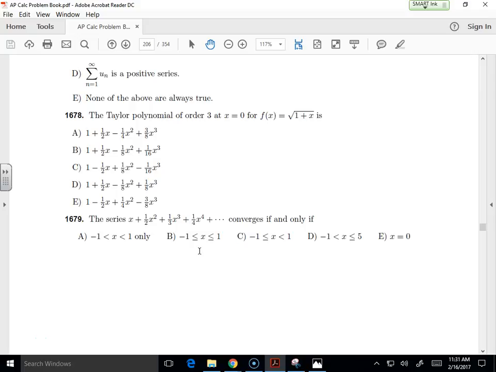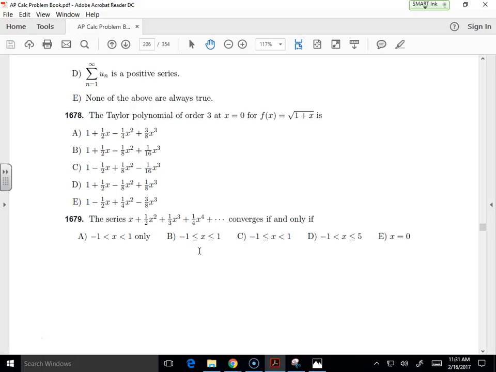Oh, they all turn positive. Well, that doesn't help us. Oh, yeah, because it alternates, and what are the terms doing? They're decreasing to 0. Isn't that the definition of a converging alternating series?